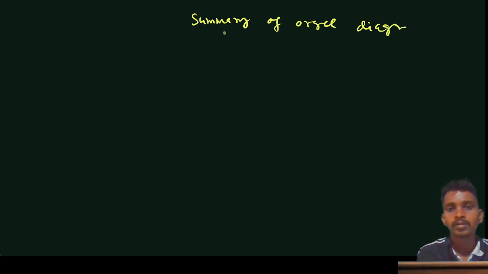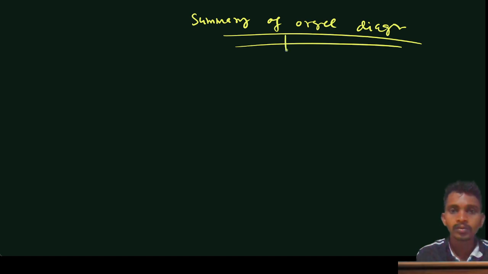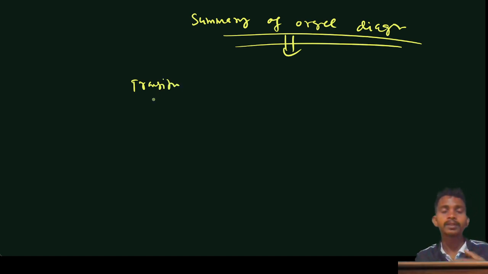We have discussed all these cases, so let me give the summary of Orgel diagrams. What we are doing here is for transition metal complexes. Orgel diagrams are correlation diagrams where we look at the relative energies of terms in transition metal complexes.